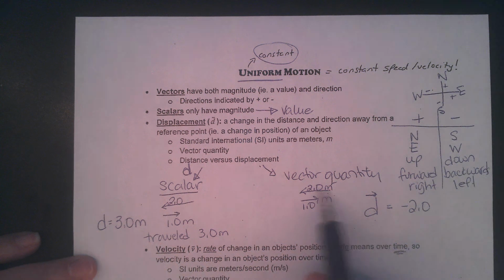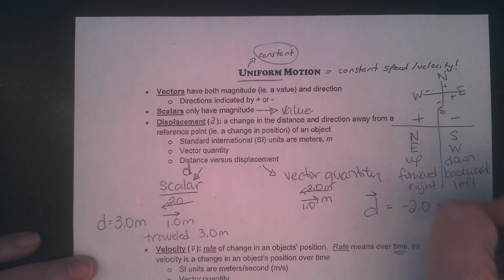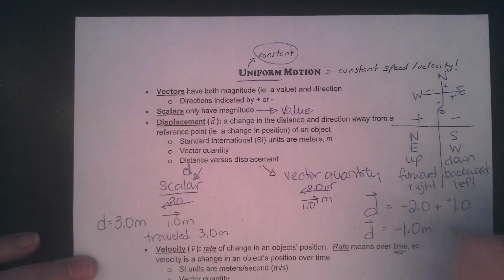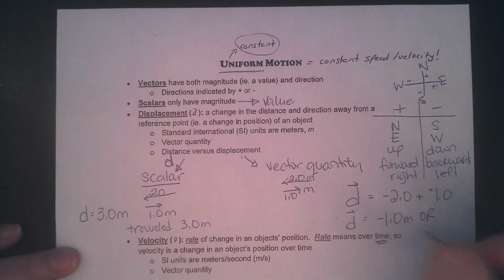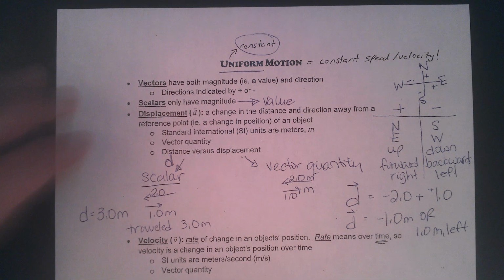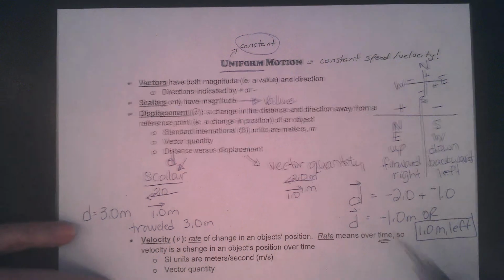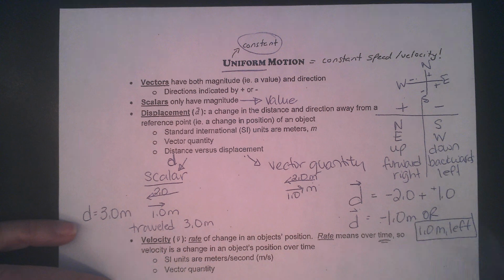Because I went 2 meters to the left and then I went 1 meter to the right, my displacement is negative 1.0 meters, which is a complete answer, or I went 1.0 meters to the left. And this is a much better way of reporting it. Do not say negative 1.0 meters left, because the left and the negative will counteract each other.